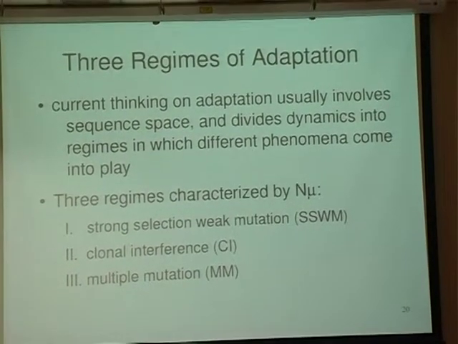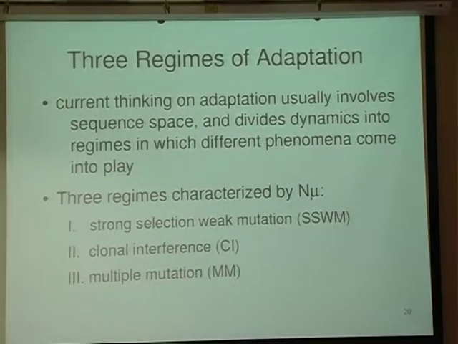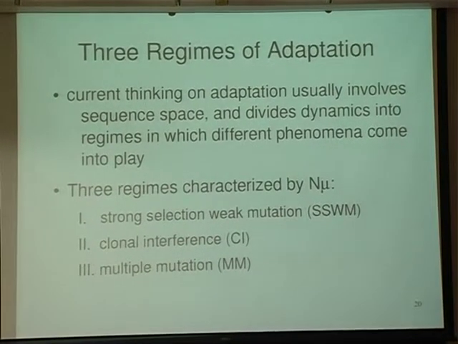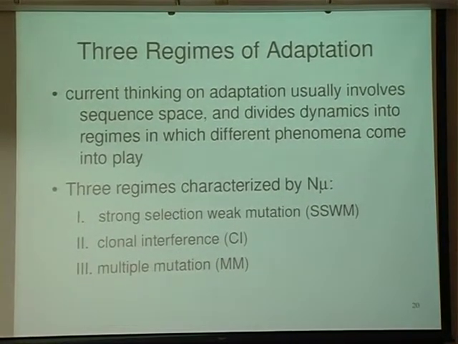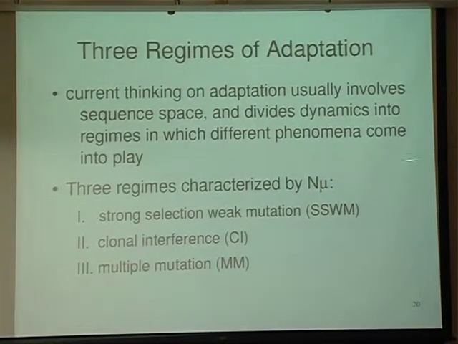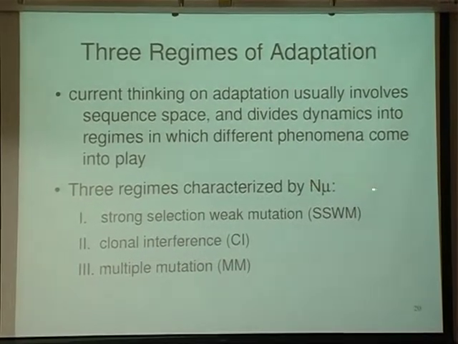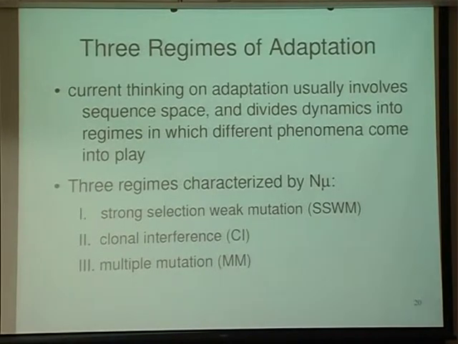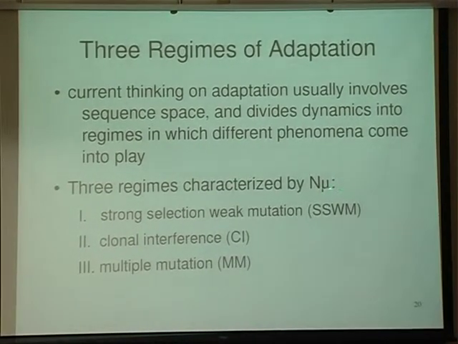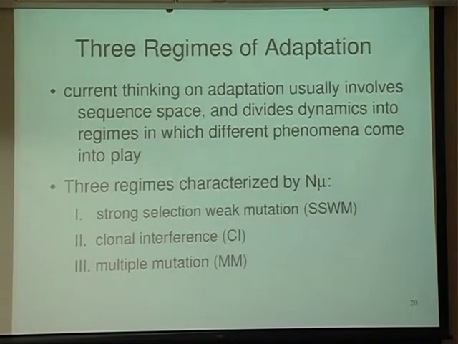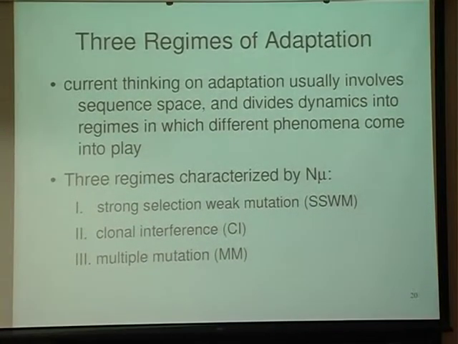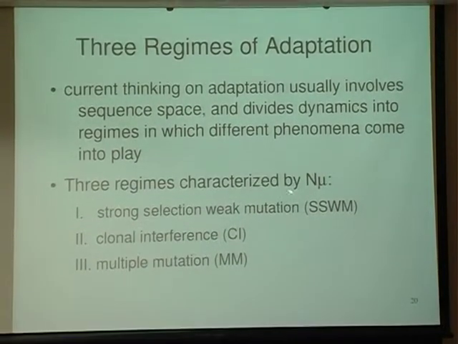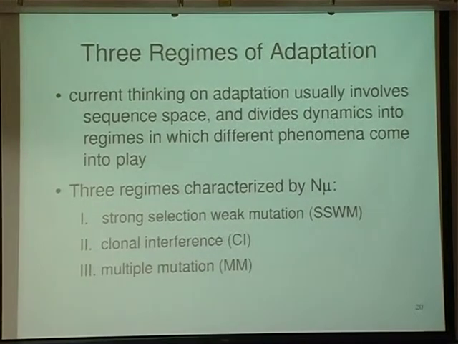These three regimes are characterized by how many mutations we expect, the population size times the mutation rate. How frequent are mutations? In fact, I'm just going to call this the beneficial mutation rate because I'm going to talk about adaptation again. So we want to know how frequent are beneficial mutations.